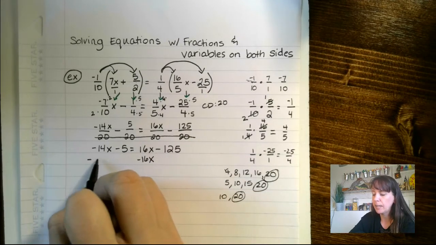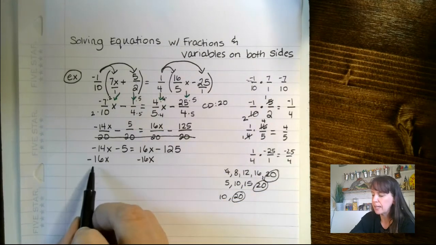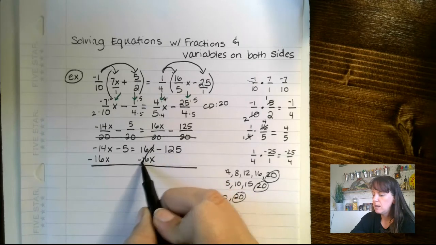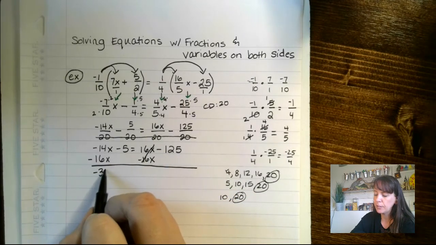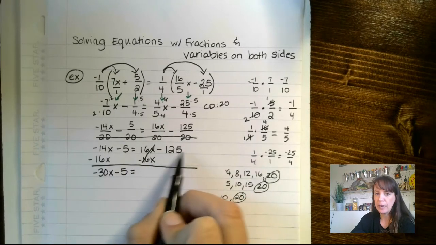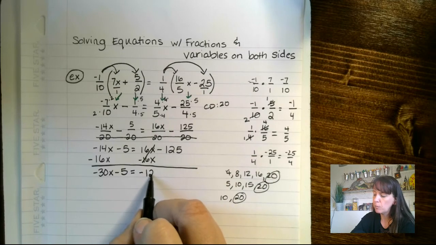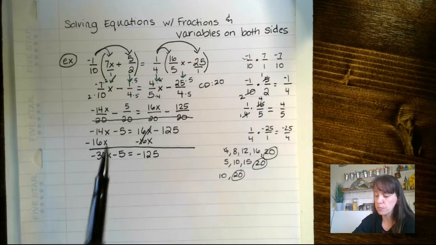Personally, I like to move my x's to the left, or my variables to the left. Even though that's giving us a negative, that's fine. All right, so that is going to be negative 30x minus 5 equals, don't forget your negative sign here, negative 125.